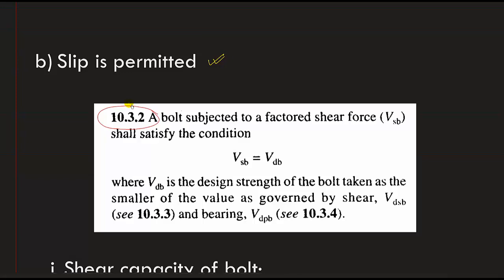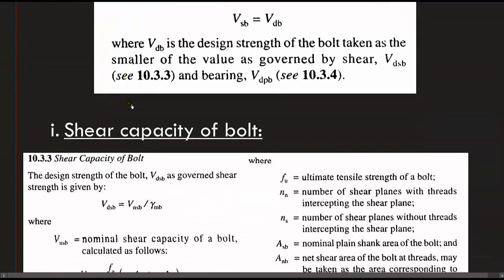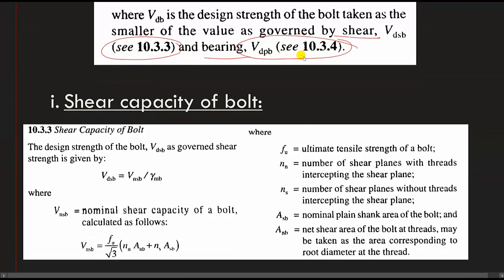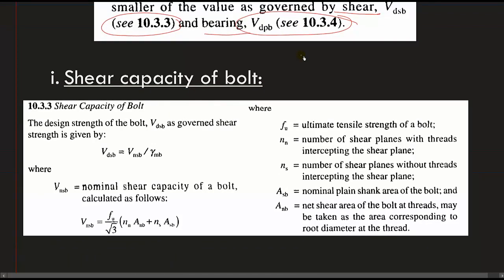This clause says we have to consider shear as well as bearing. So we have to consider shear and bearing, and shear capacity is given in clause 10.3.3 and the bearing capacity is given in clause 10.3.4. So let us first find shear capacity and then we will find bearing capacity.